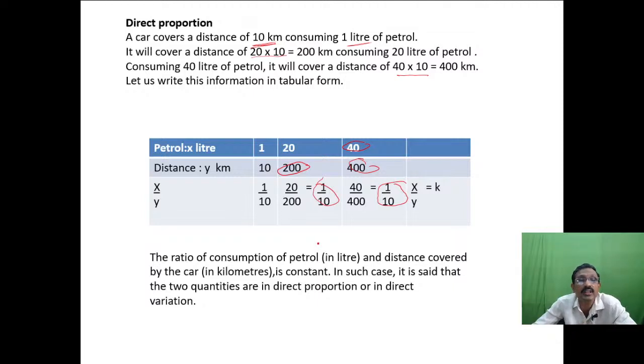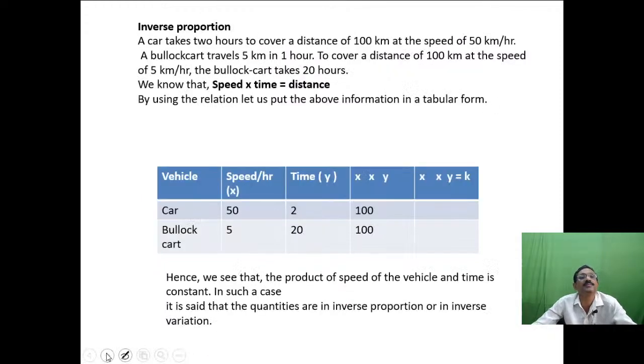When one quantity increases, you will find that the other quantity also increases. If one quantity decreases, then the other quantity also decreases. Such a case is where two quantities are said to be in direct proportion or in direct variation.